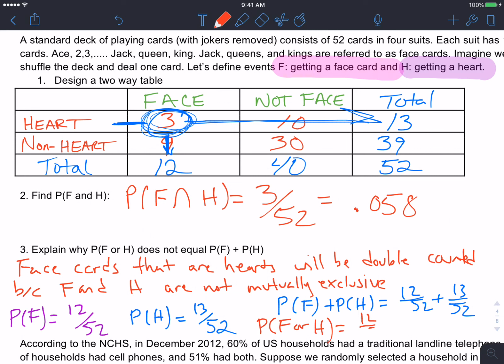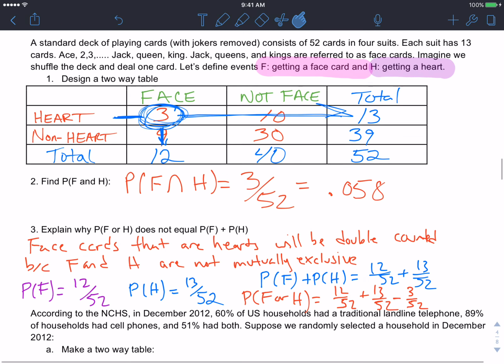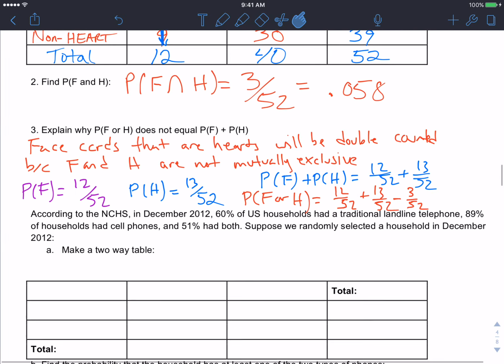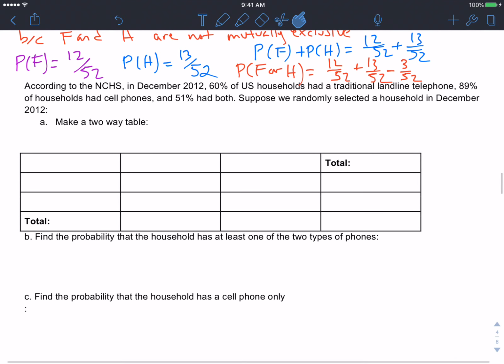You get 12 over 52 plus 13 over 52, but we double counted, so we need to subtract 3 of those cards because otherwise the double counting is going to change your numbers. We will definitely do more examples of those.